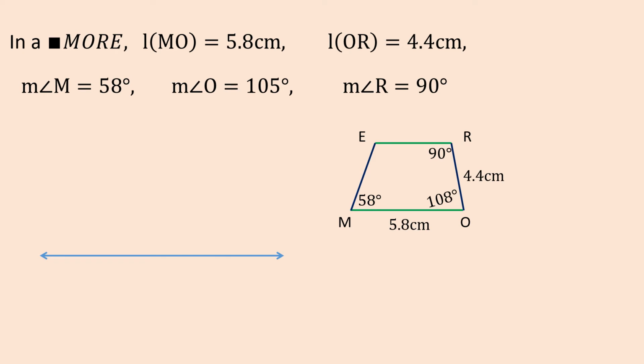After fixing the 5.8 centimeter radius, I will keep the pointer of the compass on the drawn line in such a way that I can draw an arc on the same line. See here, we got the arc. Now you can put the pointer on the intersecting point of the line and the arc, and cut an arc on the other side on the line. See here.